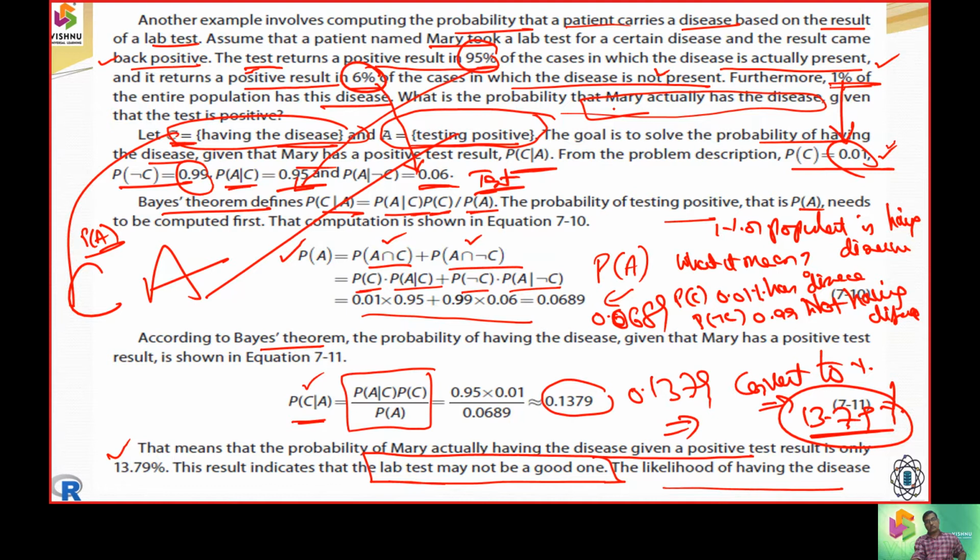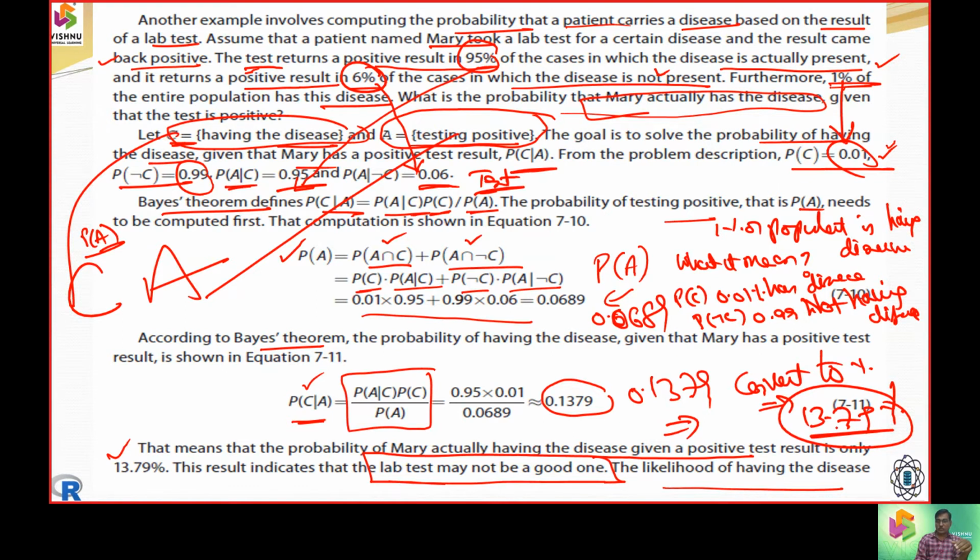Now we need to see whether Mary was in the 95% or in the 6%. To distinguish that, we computed the Bayesian theorem. We took a sample of Mary, and considered that if the first event C occurs, what will happen to the next event.